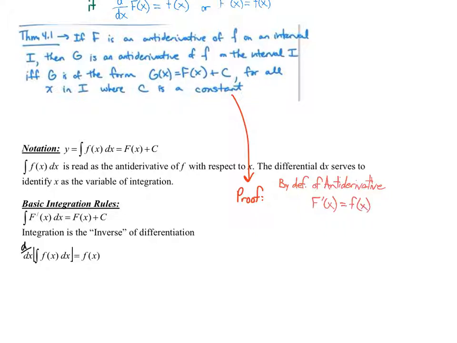Okay? That's the definition. Alright? Now, suppose I were to... Wait, doesn't it equal f of x plus c? Doesn't matter, right? That's what we're actually proving. We're proving the plus c part in this theorem.